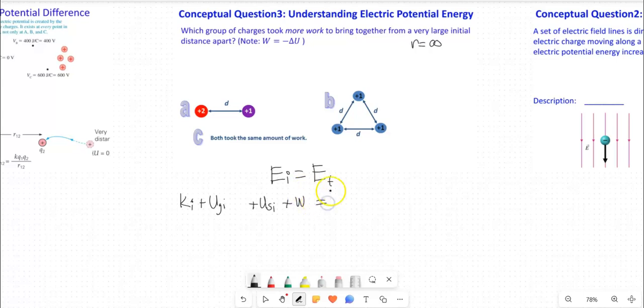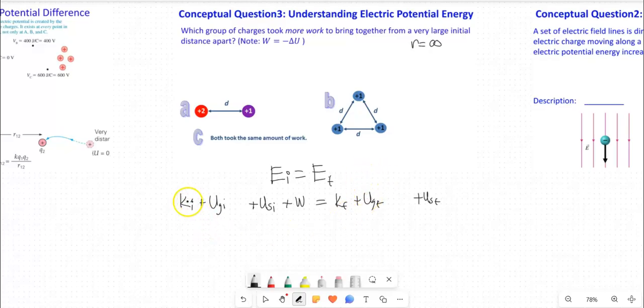And that is going to be equal to the final energy, which is the counterparts to this. Okay? It's U sub G_F, the gravitational, plus U sub spring F, plus, actually there is nothing else there.